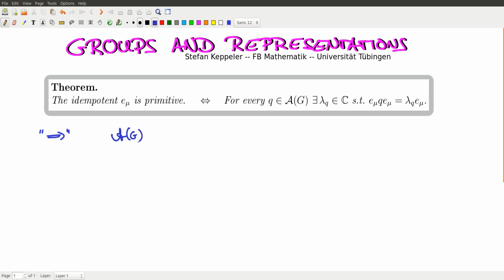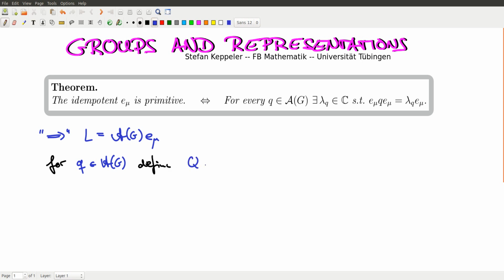Let's consider the left ideal generated by E mu and give it a name. Let's call it L. And now for, say, any Q in our group algebra, we define a linear map.